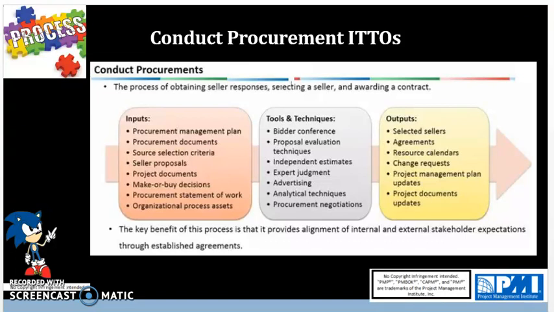So if we've come this far, that means we have decided to buy from the outside and use a third-party vendor or supplier. Then you have the procurement statement of work, or SOW, for each procurement. This is not the same statement of work as we did in the beginning of the project to get our charter signed off.